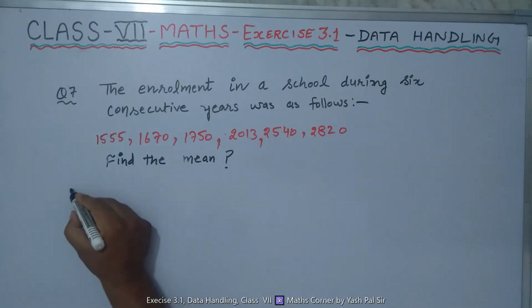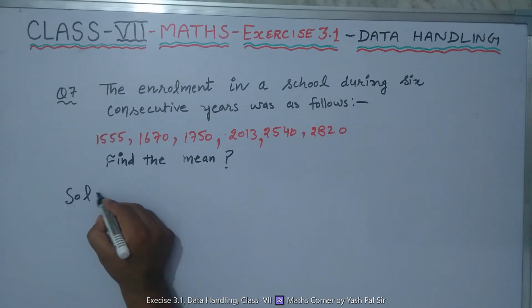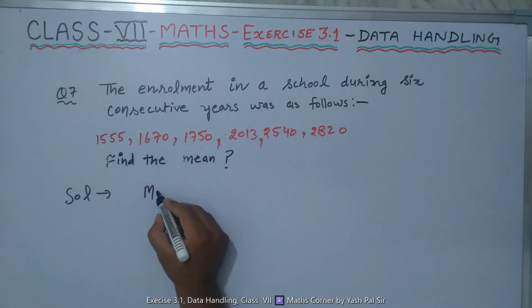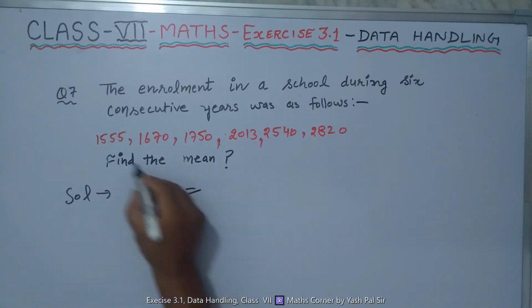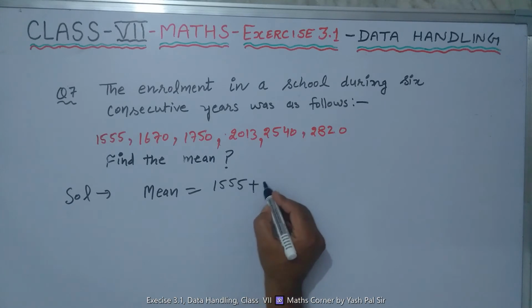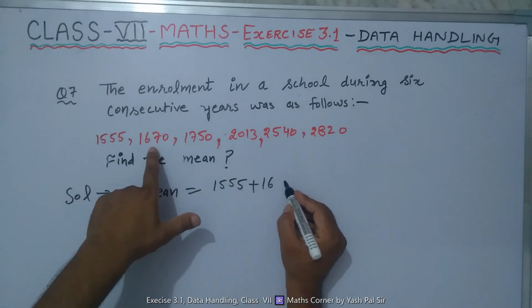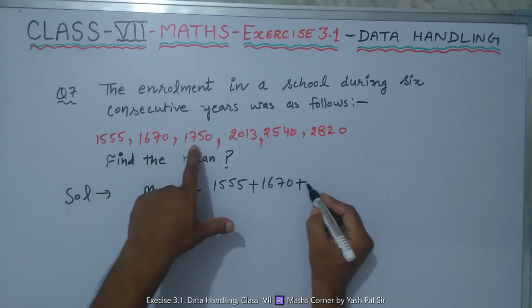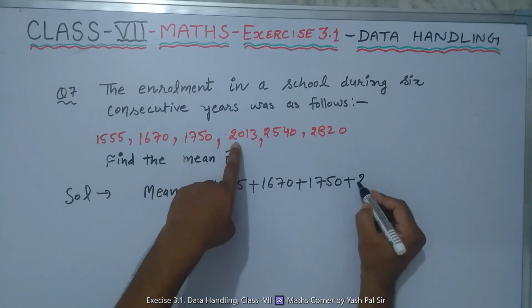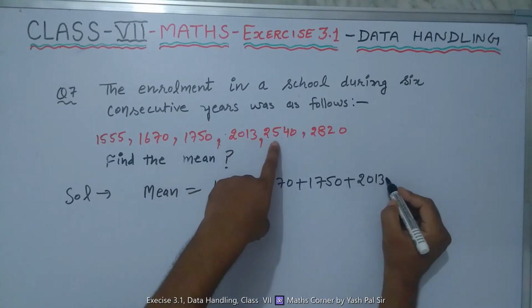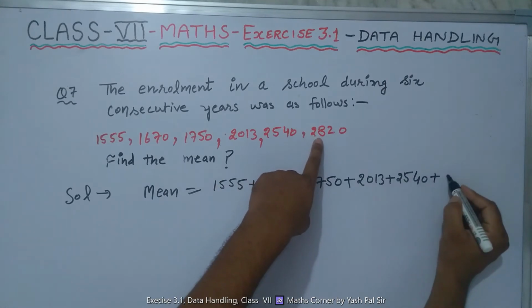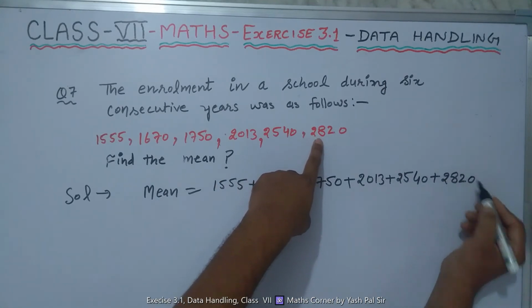So how to find the mean? First of all we add all these numbers: 1555 plus 1670 plus 1750 plus 2013 plus 2540 plus 2820.